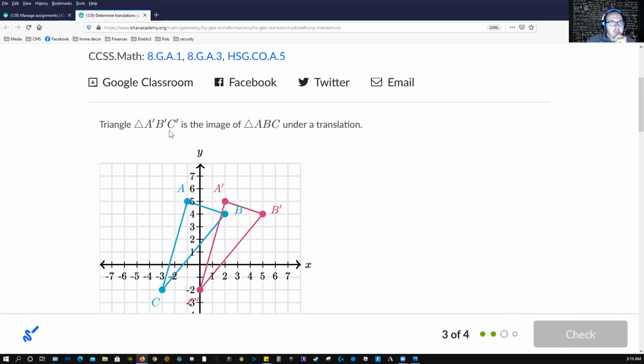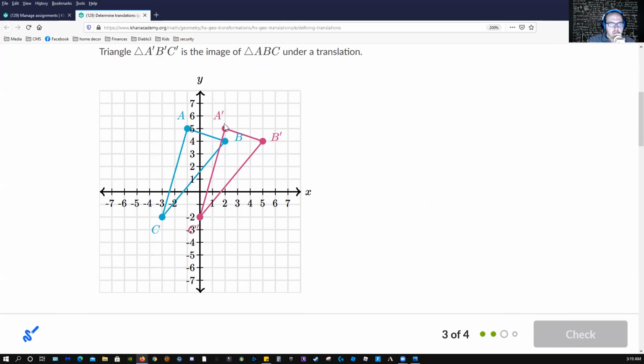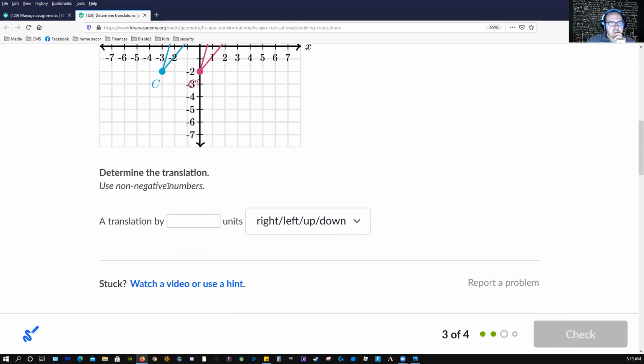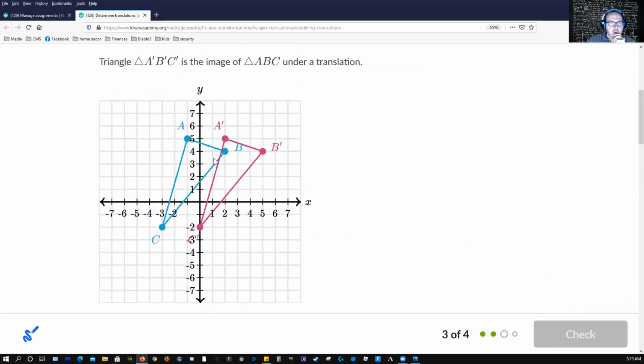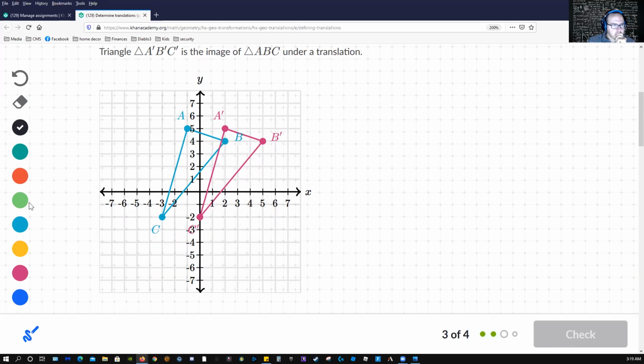Okay, so A prime, B prime, C prime is the image of triangle ABC under a translation. Determine the translation. What it's asking us to do is to look at going from here to here.